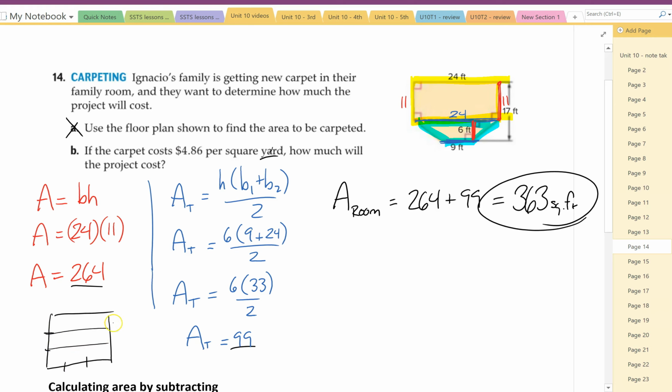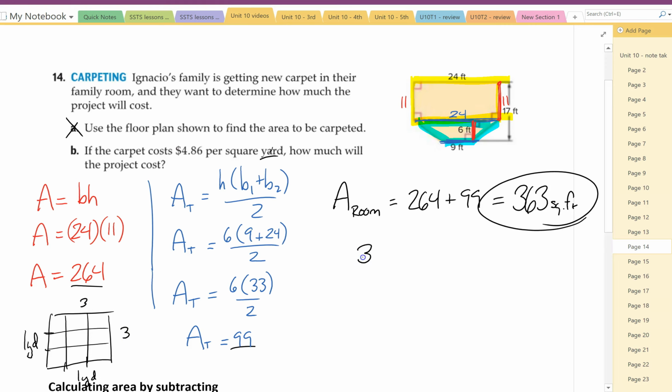So in every square yard, there are actually going to be 9 square feet, right? Here's 1 yard. Here's 1 yard. If I square the yard, every yard has 3 feet in it. If I square 3, I get 9. So 9 square feet in every square yard.